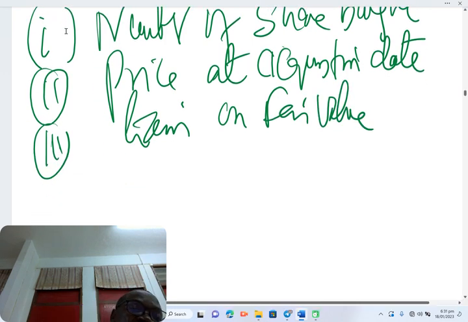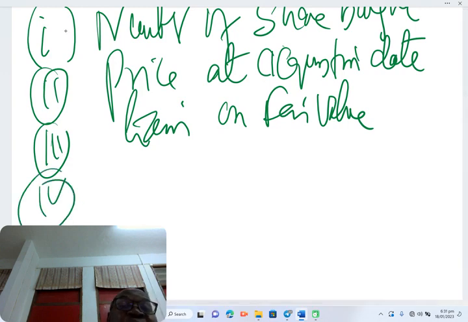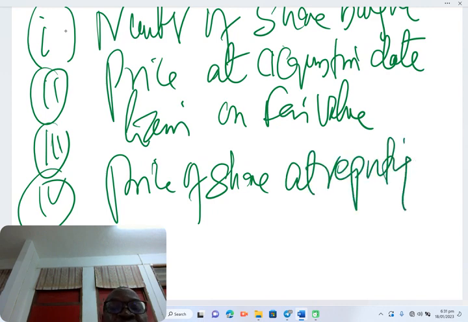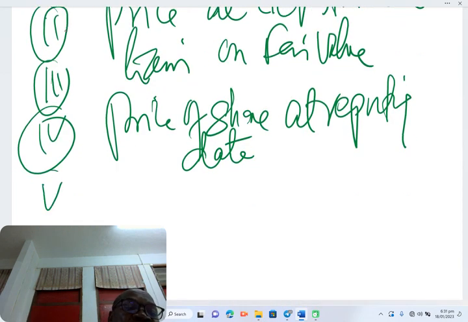You have to disclose the price of share at reporting date. You have to disclose any risk associated with those shares in a forward-looking manner.